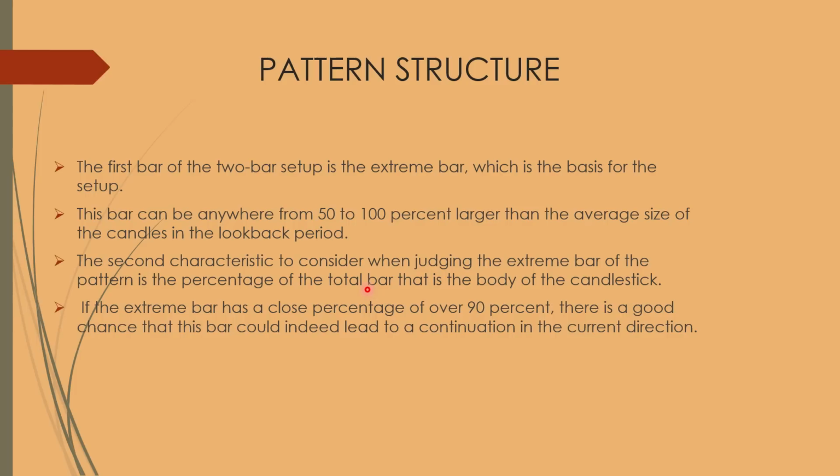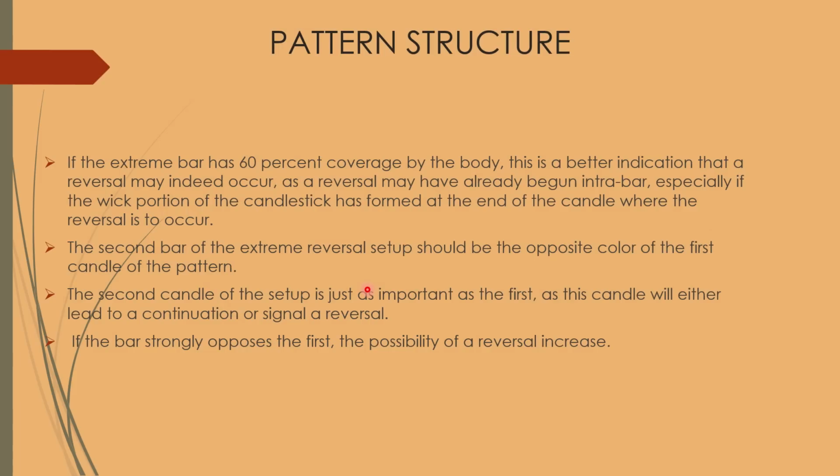If the extreme bar has a close percentage over 90%, there is a good chance that this bar could indeed lead to a continuation in the current direction. If the extreme bar has 60% coverage by the body, this is a better indication that a reversal may indeed occur, as a reversal may have already begun intra-bar, especially if the wick portion of the candlestick has formed at the end of the candle where the reversal is to occur.